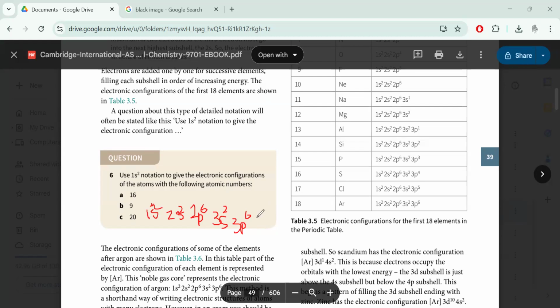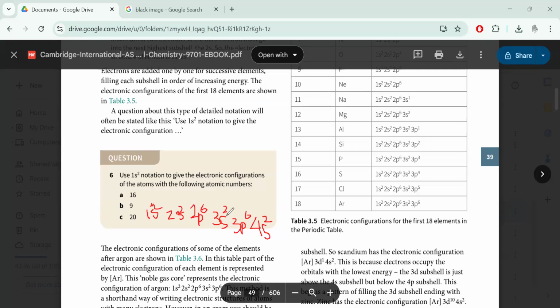Now the 2 electrons will go to 4s2. So it is not 3d, but 4s2. As you can see, the order is not that structured after argon. Now we calculate: 2 plus 2 is 4, 4 plus 6 is 10, 10 plus 2 is 12, 12 plus 6 is 18, and plus 2 will be 20. So this is the electronic configuration if the atomic number is 20.